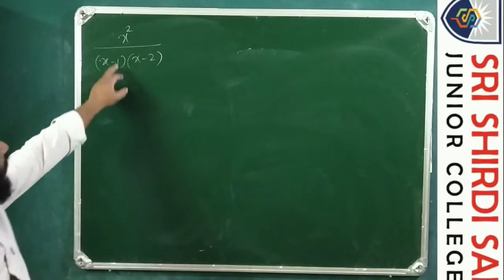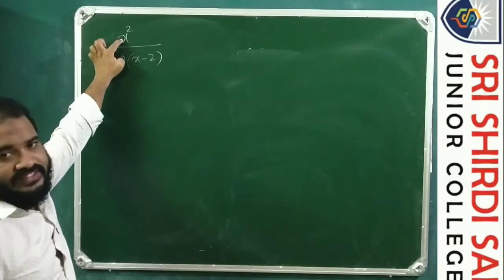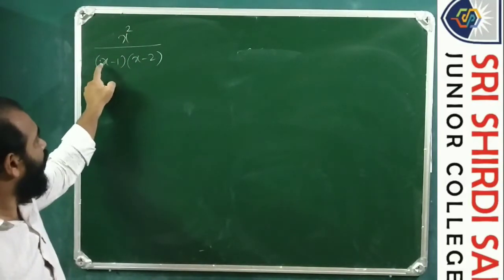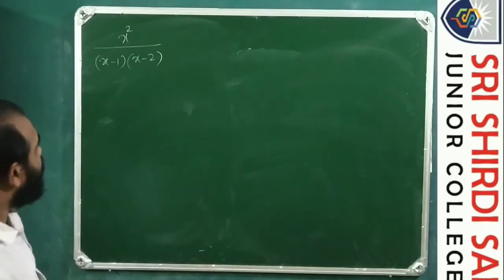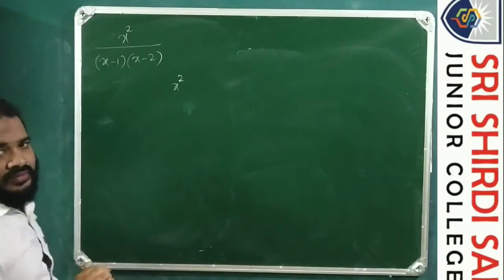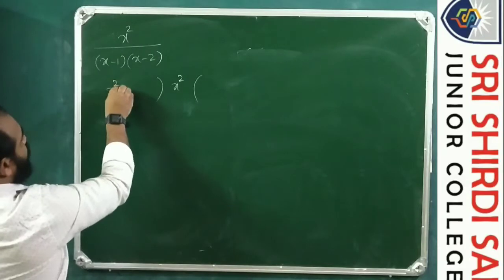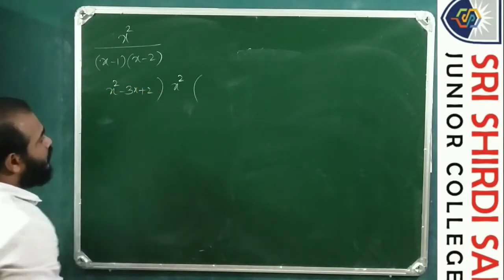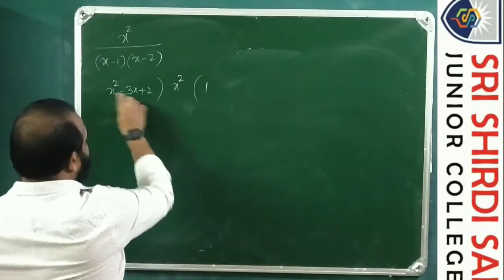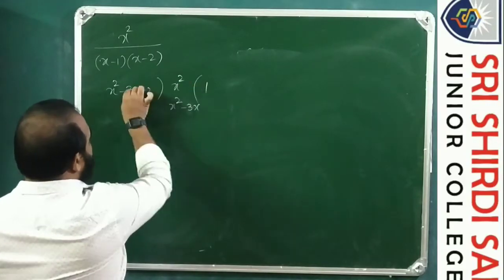So here the degree of f of x is 2 and the degree of g of x is also 2, x square. So divide the numerator f of x with the help of the denominator, which is x square minus 3x plus 2. So x square by x square is 1. So 1 into x square, 1 into minus 3x is minus 3x, 1 into 2 is 2.